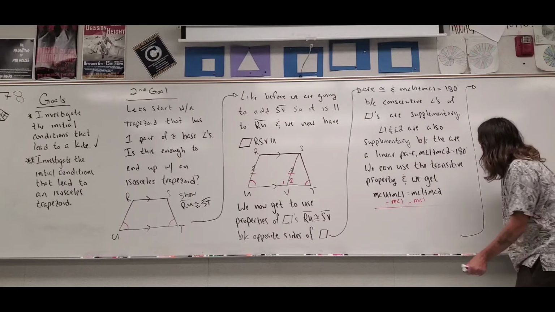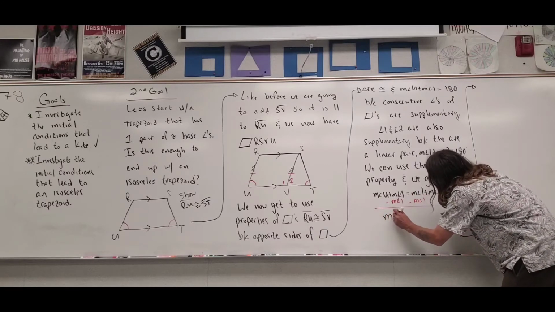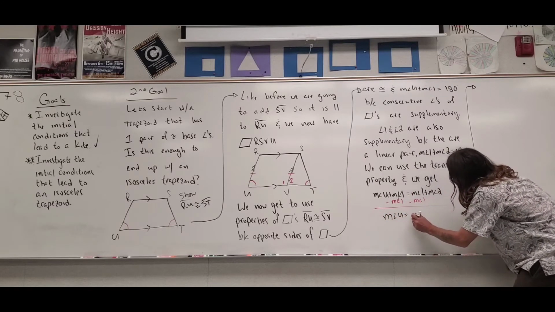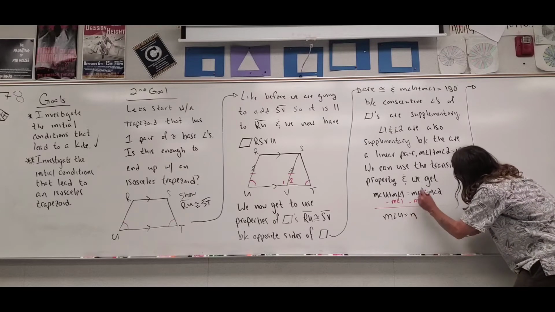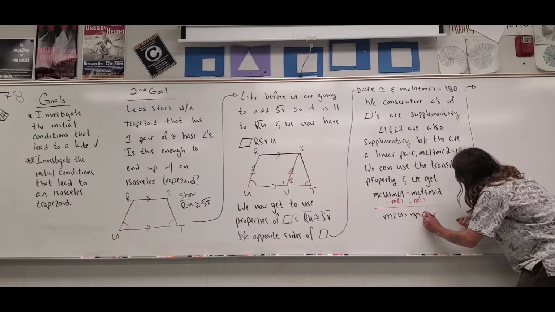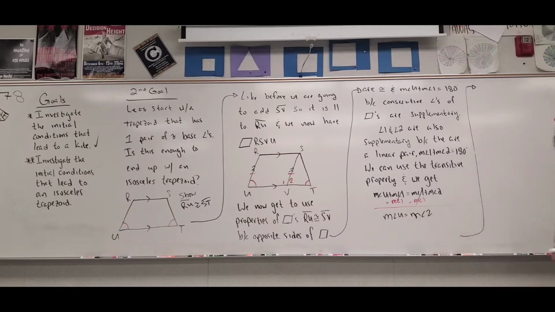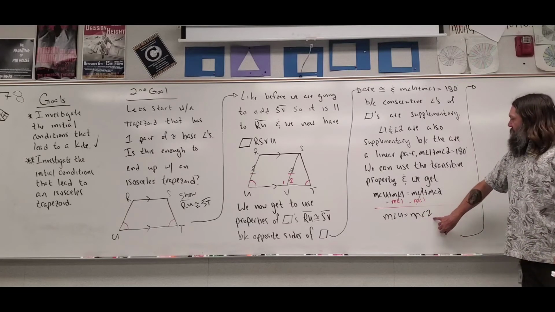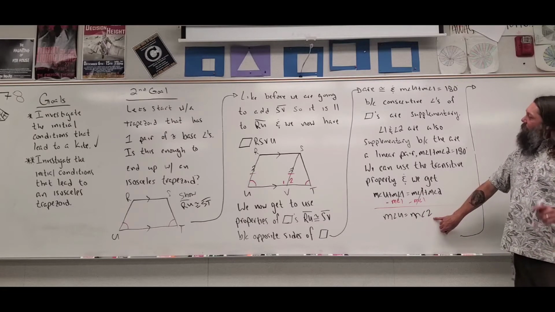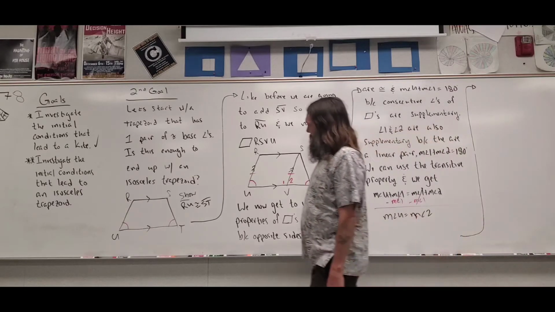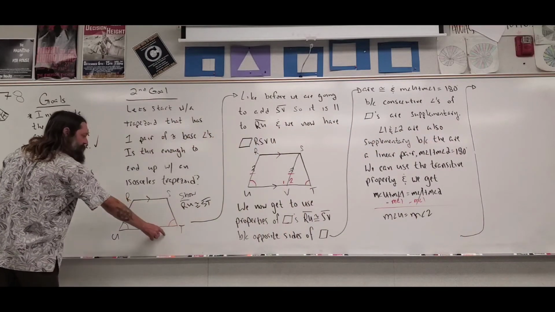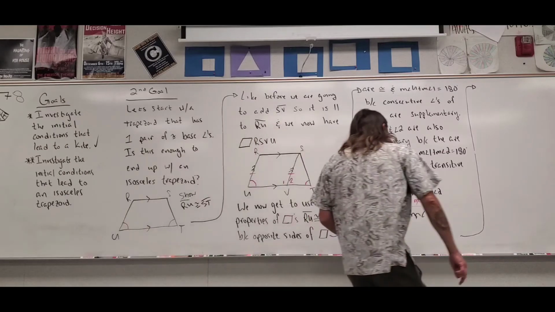So now I'm left with the measure of angle U equals the measure of angle 2. I'll try and fix my writing. Well, guess who else equals the measure of angle U? The measure of angle T. That's what we started with. Remember that.